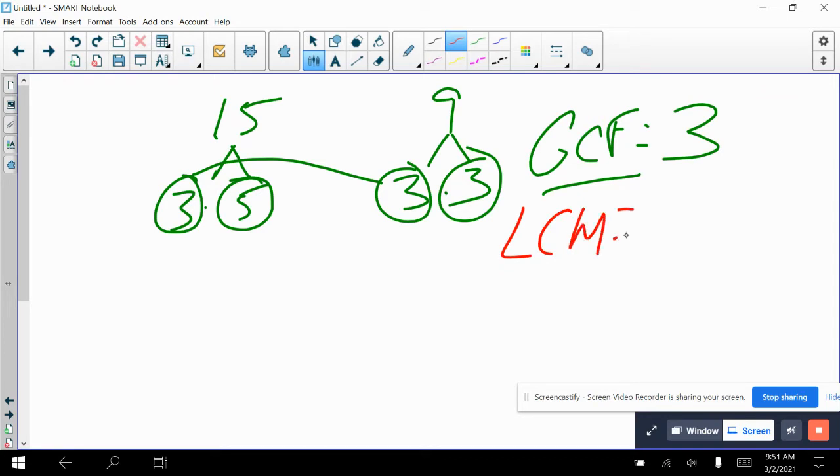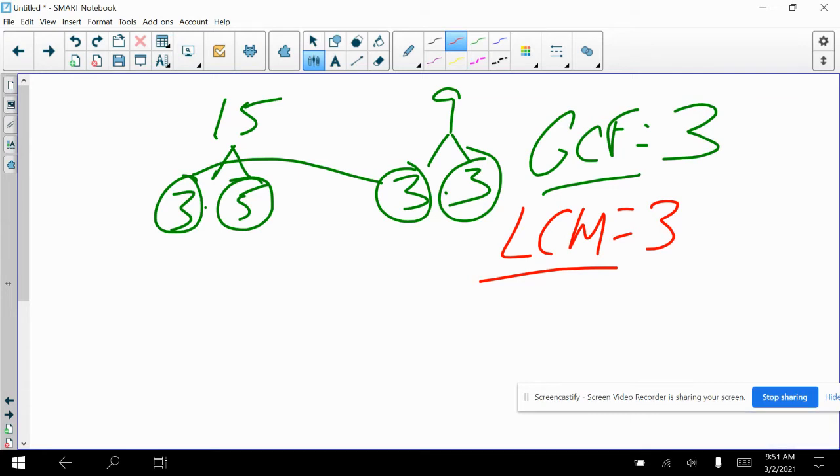Now, to find the LCM, this is where you have to do a little bit more math. If they're listed this way, we still put what they have in common. You take one of them, and then you write down what else they have.